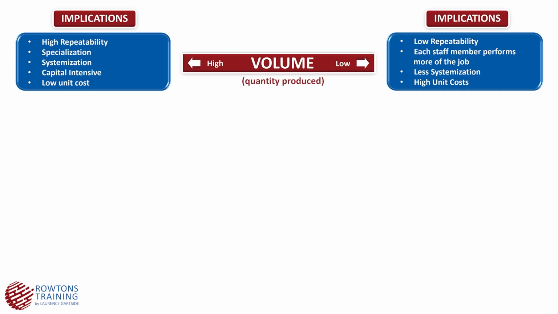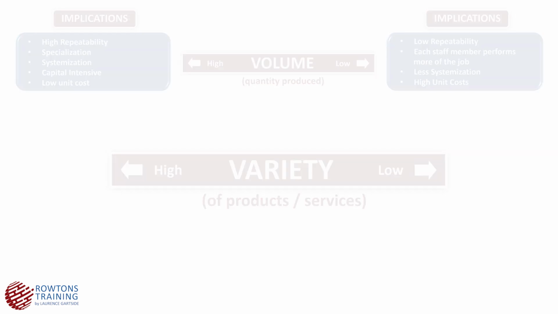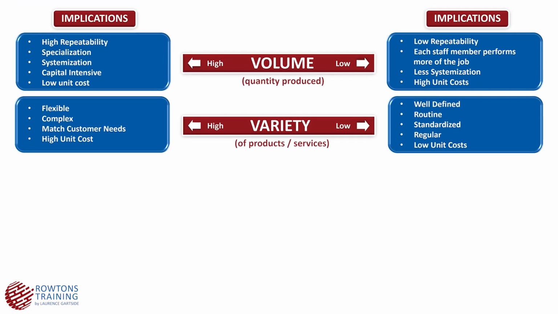The second dimension is variety, which refers to the number of different types of products or services produced, and how different those products and services are from each other. Businesses with very high variety need to be very flexible and have complex process routines, supply chains, and inventory management.